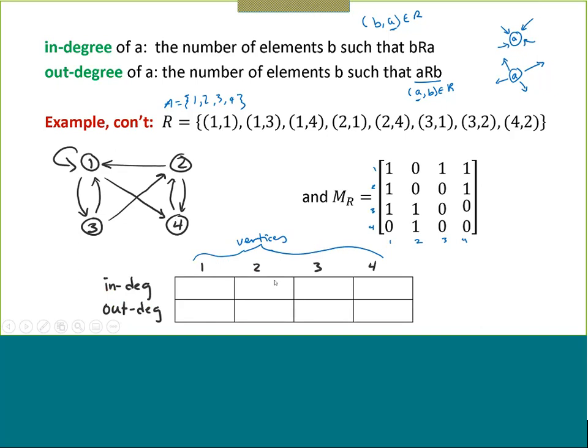Anybody have a guess what the in and out degree of vertex 2 is? And I'm going to ask you guys for each of these. Okay? So what do you guys think the in and out degree of vertex 2 might be? Hint, it will be an integer. 0 or bigger.